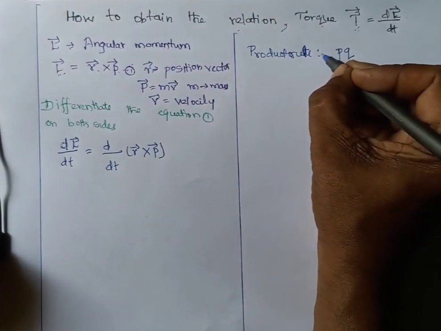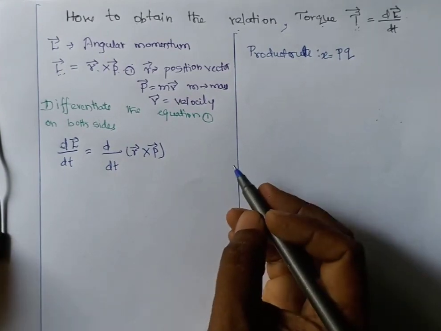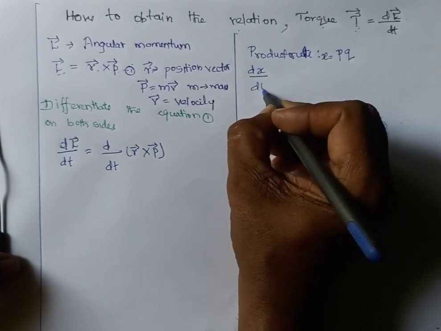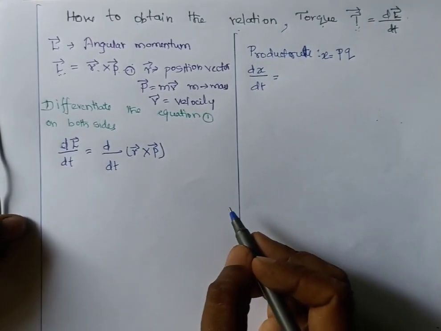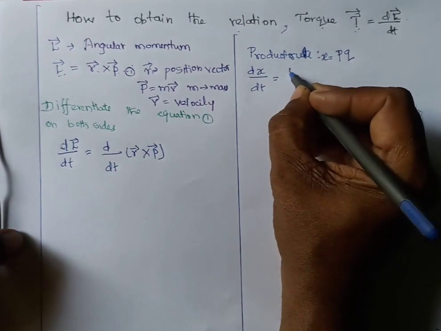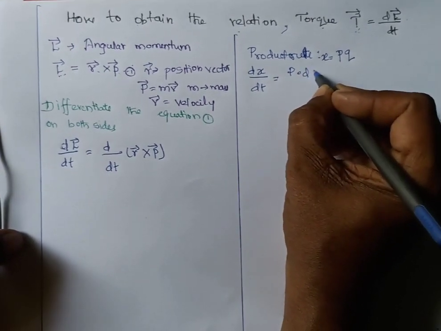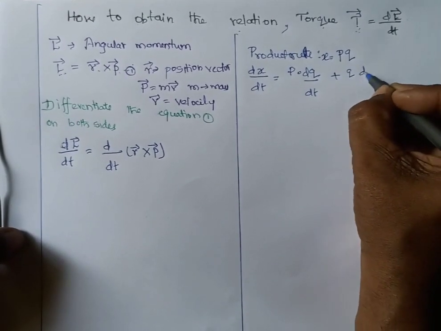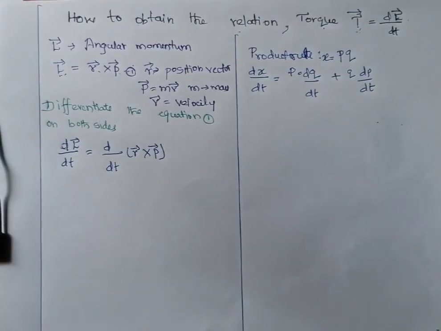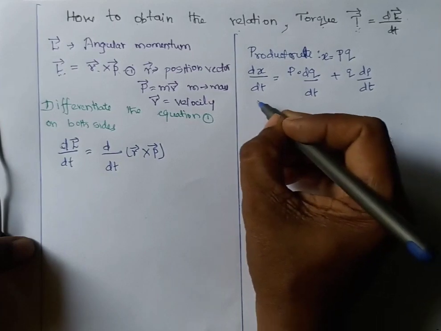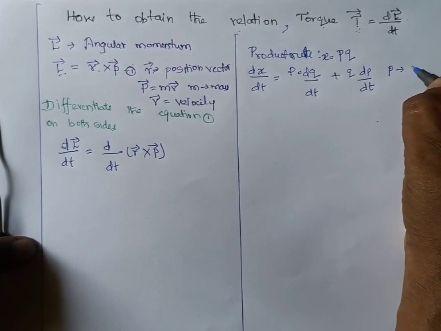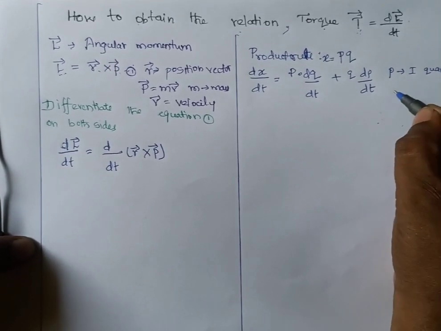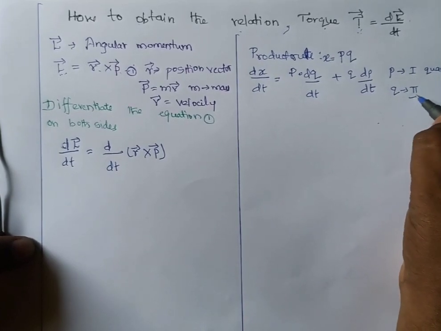Then imagine X is equal to PQ. If you want to differentiate that, dx by dt is given by P into dq by dt plus Q into dp by dt. Here P is the first quantity and Q is the second quantity.